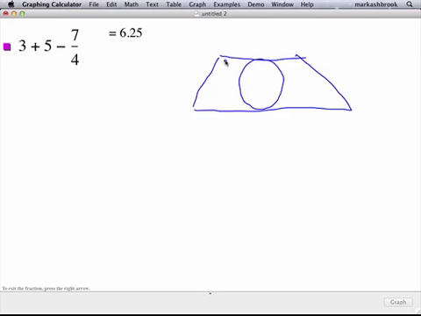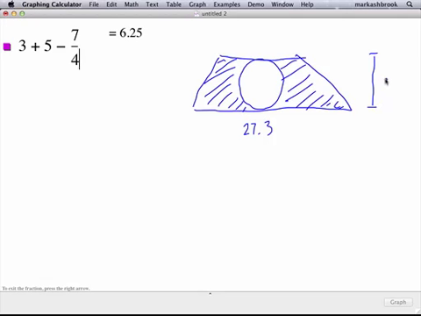All right, let's say this is a trapezoid with a circle cut out of it. So we have, say, 27.3 down here, and then 14.8 and 19.63.